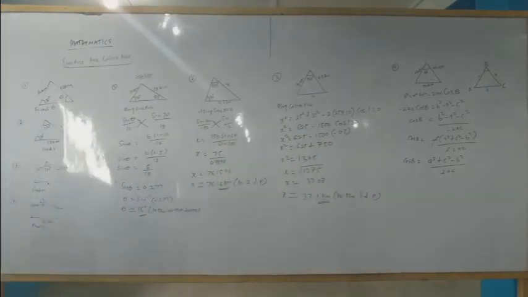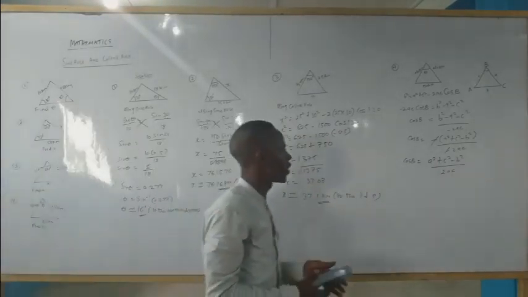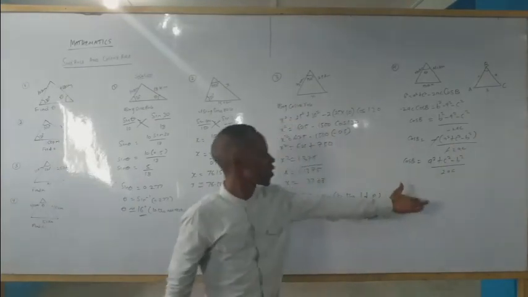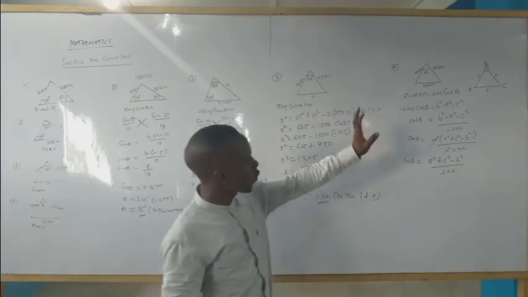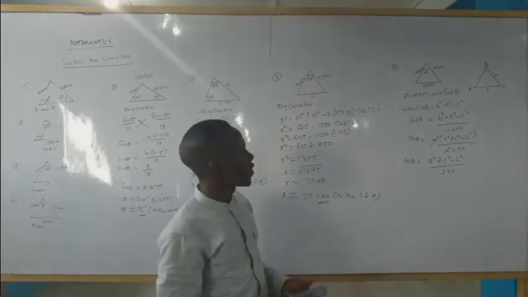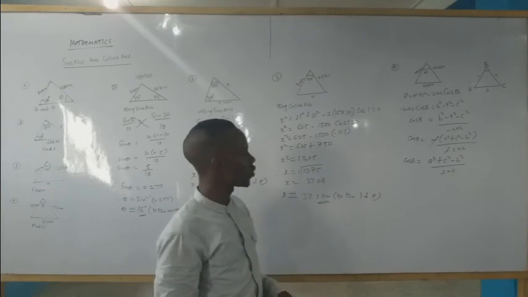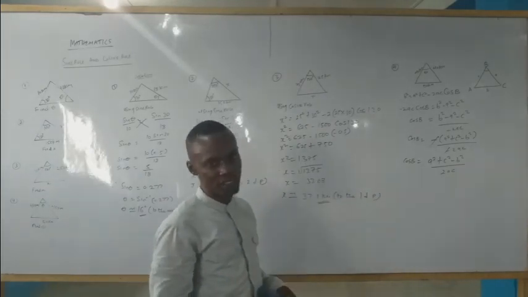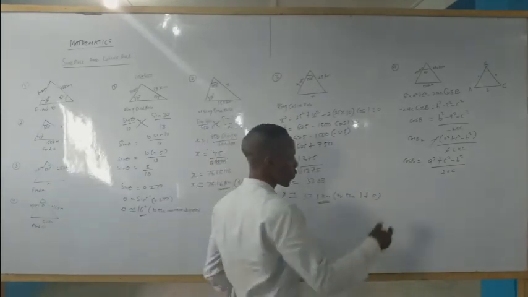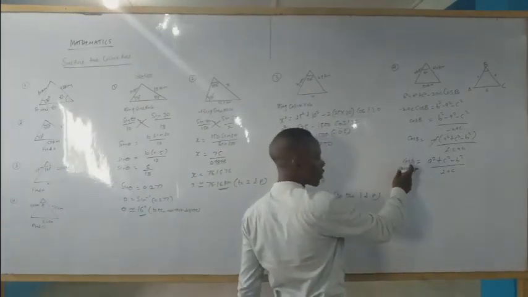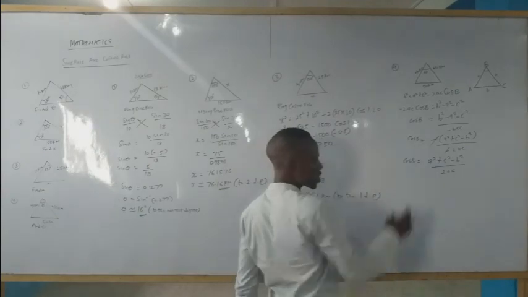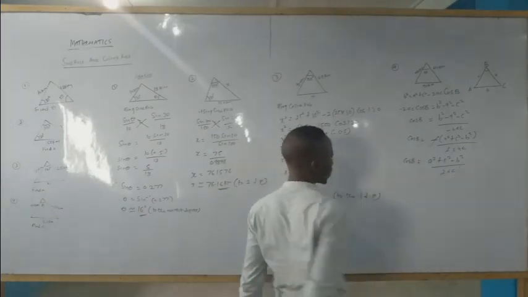So we have rearranged the cosine rule to solve for the angle, or the included angle, or whatever angle you have in the non-right angle triangle. Whatever angle you are finding, whether A, B, or C, we substitute it here, and we substitute the sides as well.